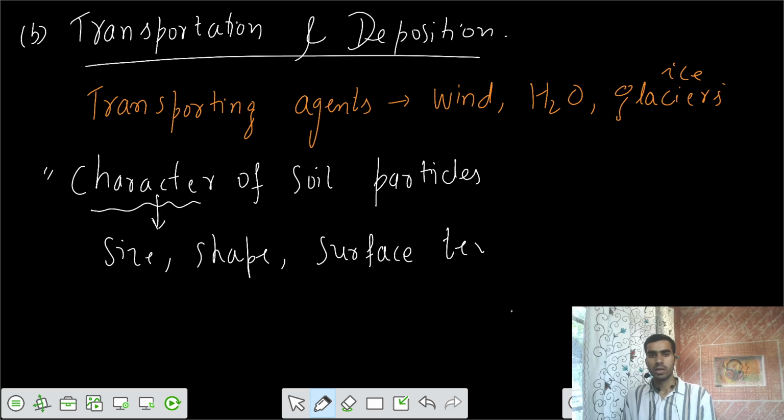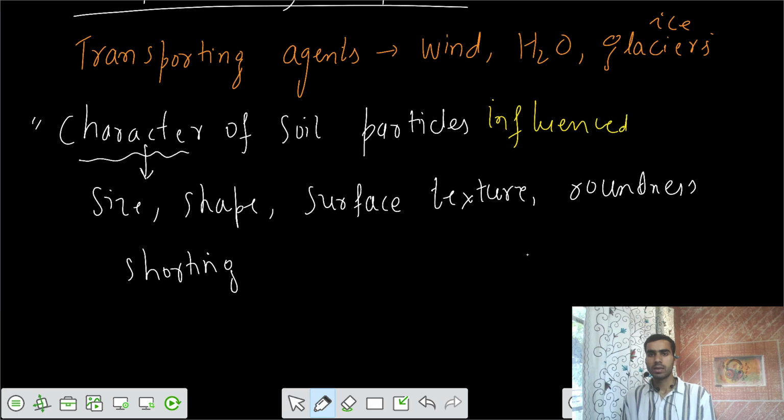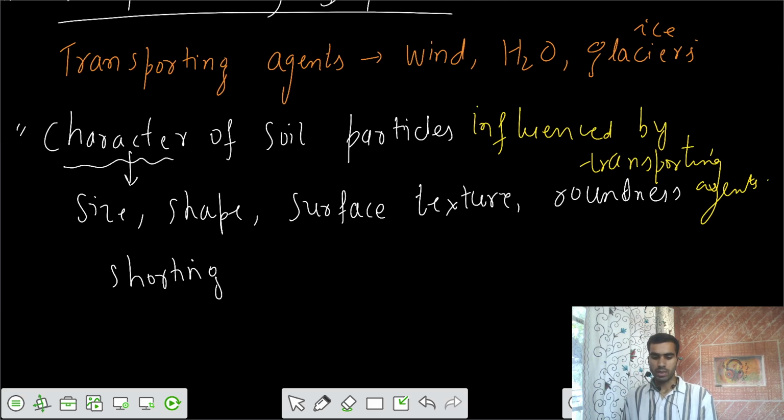We are talking about the roundness of that material, the sorting of that material, the size, etc. So this is the character of the soil particles, and it is influenced by the transporting agents.